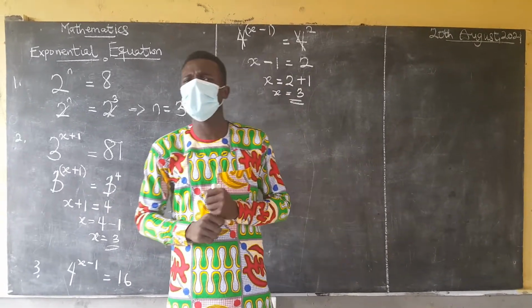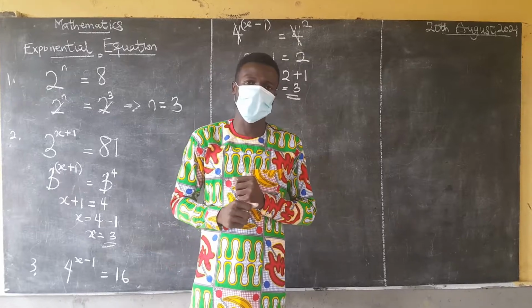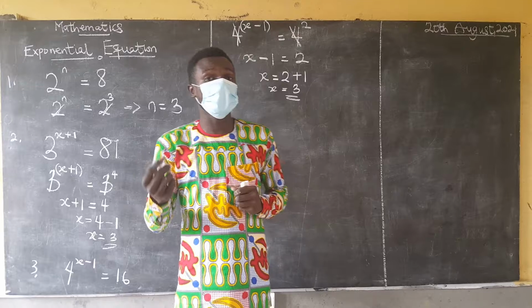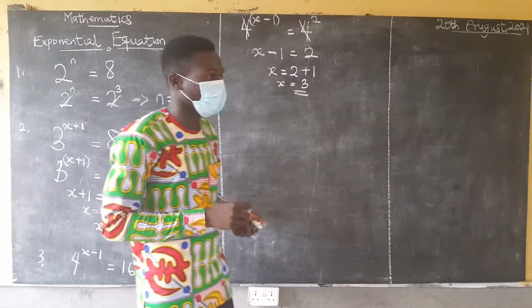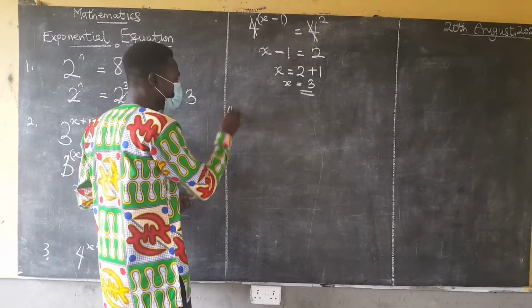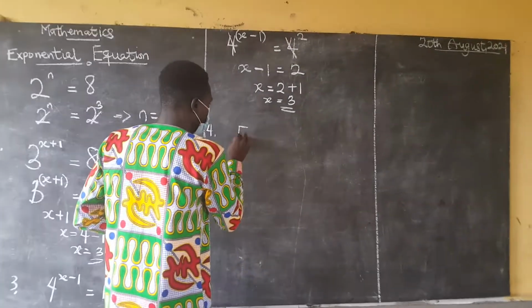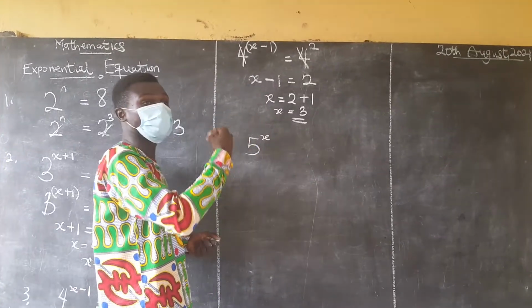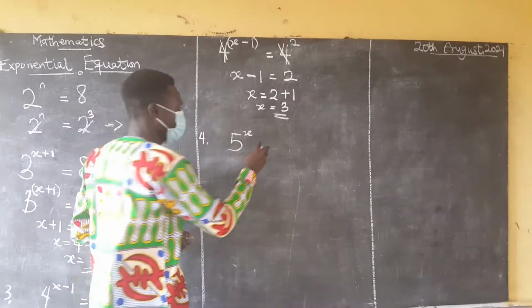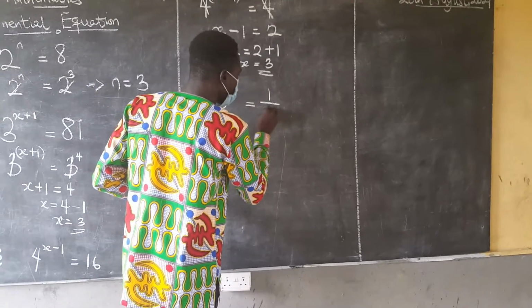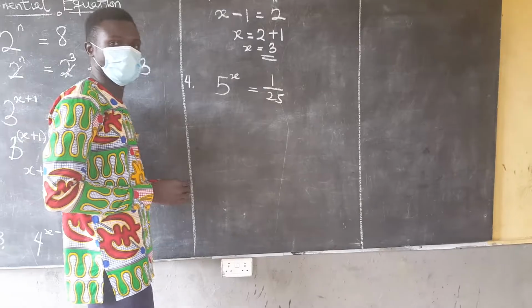Now let's look at the other way where the equation will also change into a reciprocal form. Let's look at the fourth one. We have 5 raised to the power x is equal to 1 over 25.